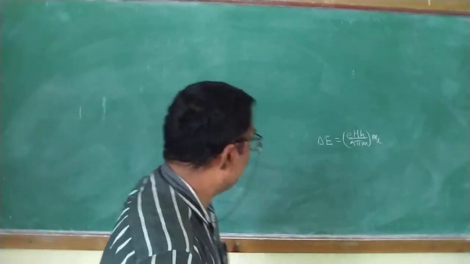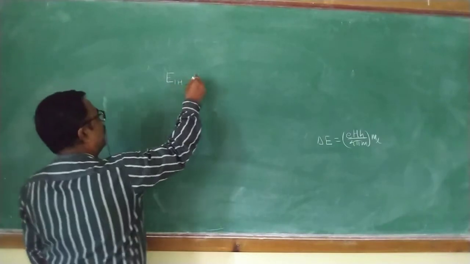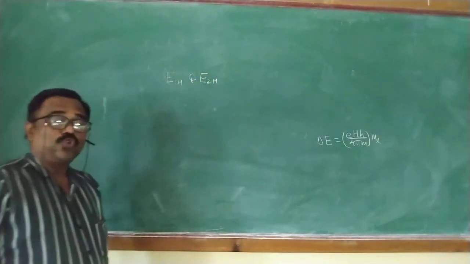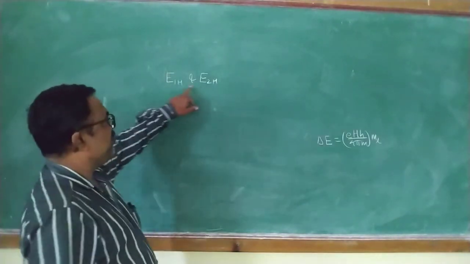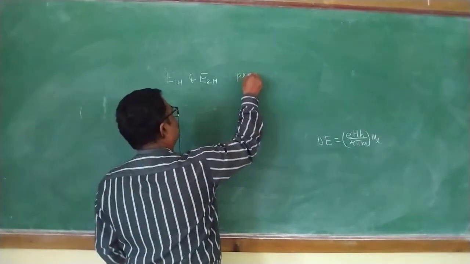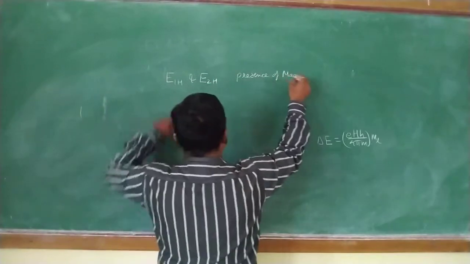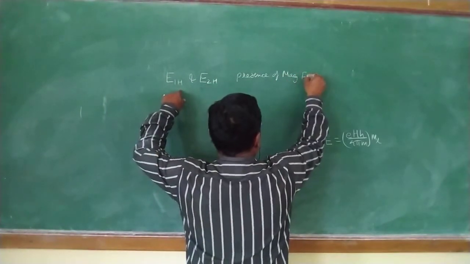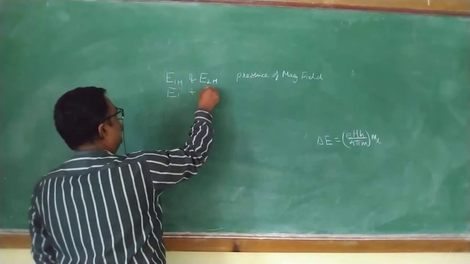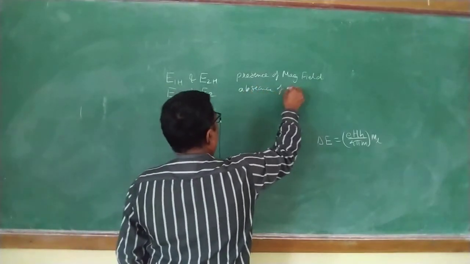Now if we put E1H and E2H as the two energy levels in presence of magnetic field, H is what we used for the magnetic field, and E1 and E2 as the energy levels in the absence of magnetic field.